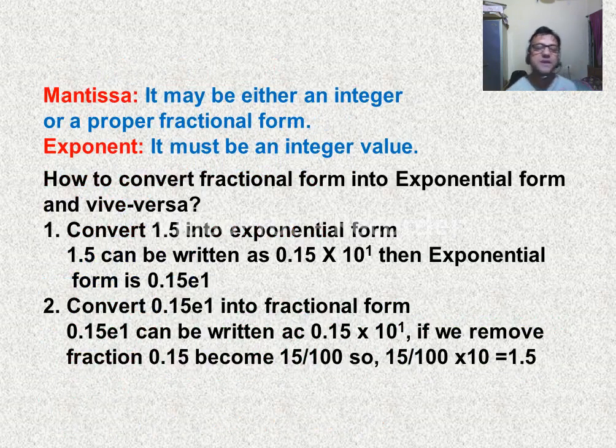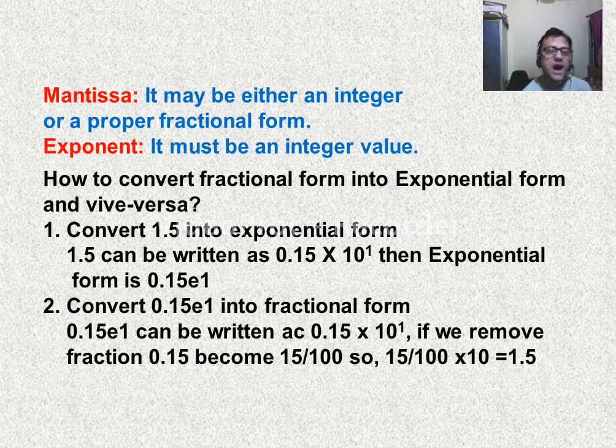Mantissa may be either an integer or a proper fractional form. So we are able to represent mantissa in integer form or fractional form, but the exponent must be an integer, so you never use fractional form in the exponent.